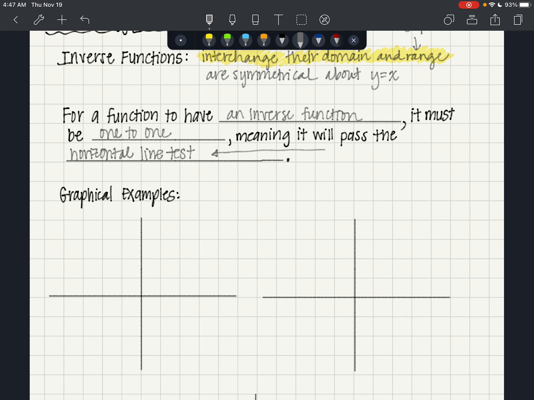And why it needs to pass the horizontal line test is because the y values won't repeat. So the y values will not repeat. So I'll show you some visual examples.